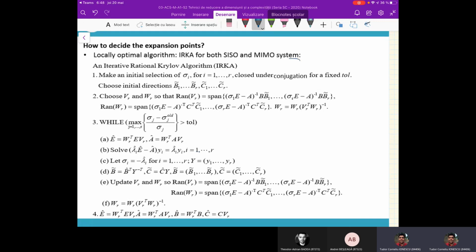Here you have the algorithm for single input and single output systems, and this is how the IRKA algorithm looks. This is an implementation in pseudocode of such an algorithm. It's not a very complicated algorithm. The inventors of this algorithm tell us that it converges.